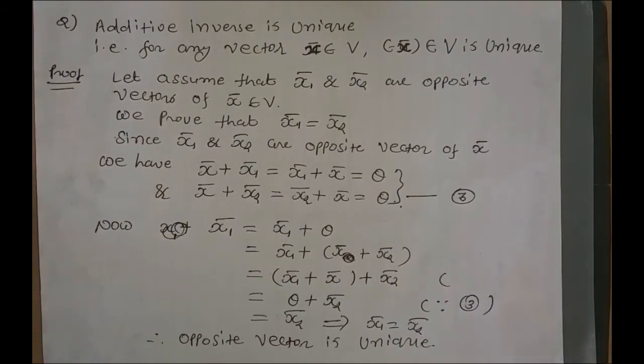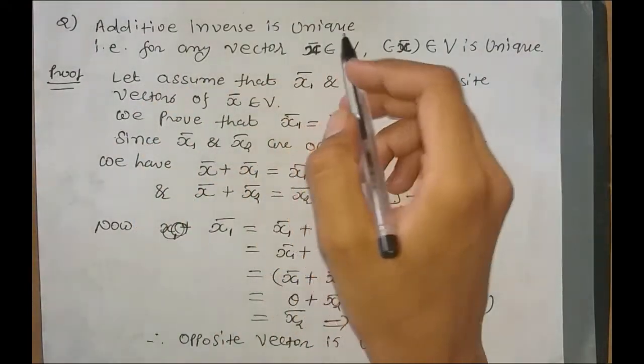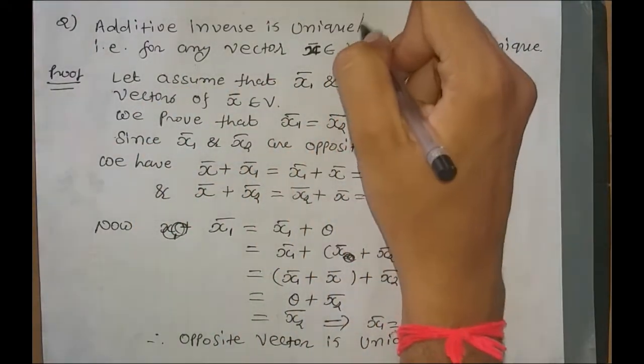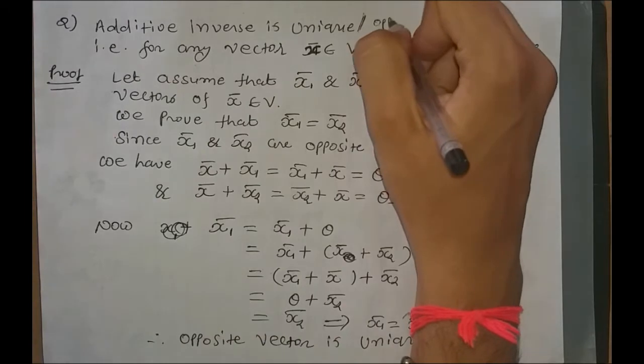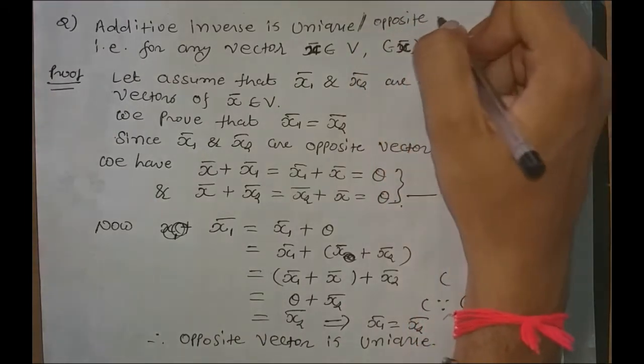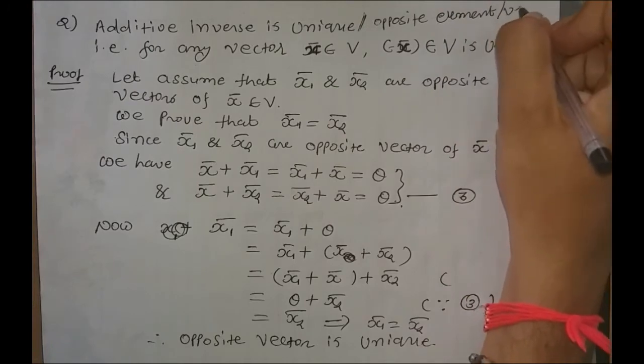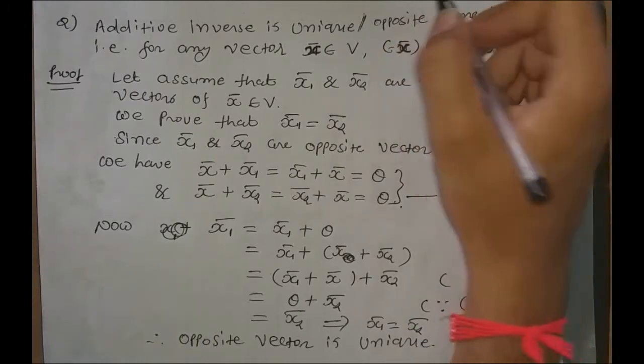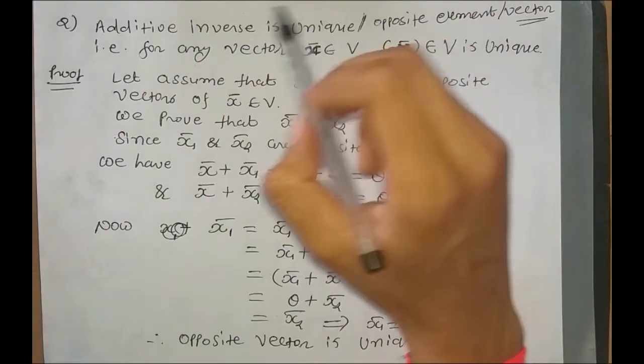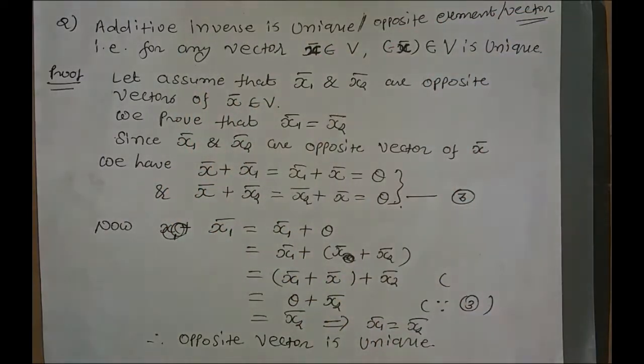Now the second property is that the additive inverse is unique, or we can say the opposite element or vector is unique. So our aim is to prove that the additive inverse is unique.